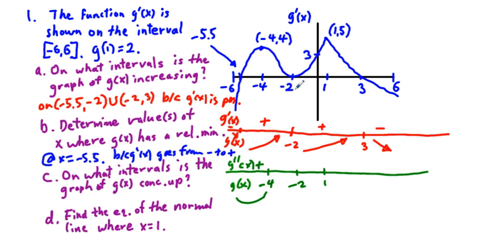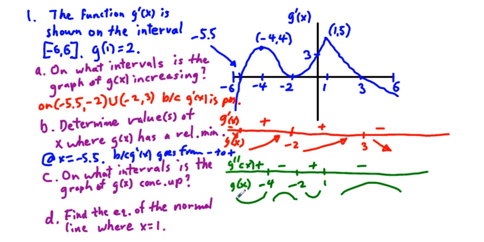Between -4 and -2, the slope is negative, so we have concave down. Between -2 and 1, we have the slope increasing, so we say concave up. And on 1 to 6, the slope of g prime of x is negative, so we have concave down.